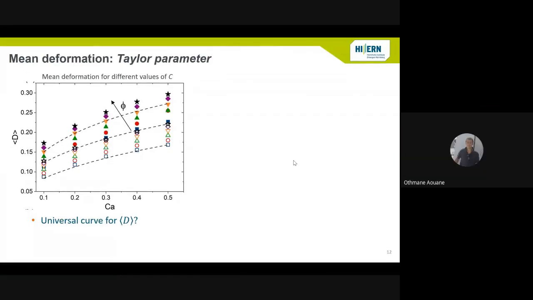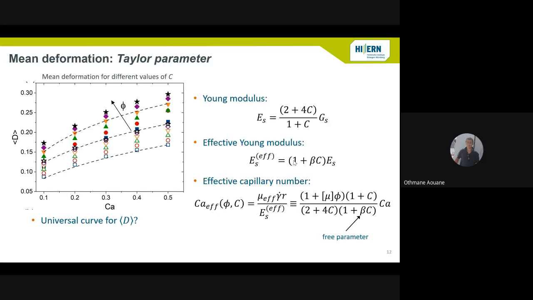Okay, I'm almost done. Now we try to do the same thing for the mean deformation of the particles. The question again is, could we observe any kind of universal curve for the deformation? In this figure, I'm showing the deformation for two values of this C parameter, so for ellipsoidal particles, if you wish, and then spherical or quasi-spherical particles.